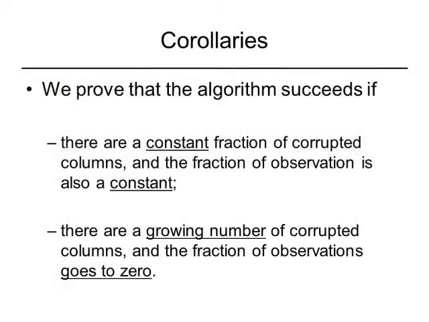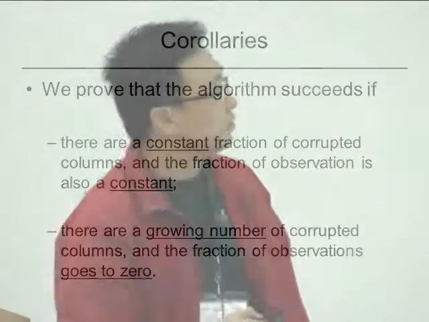So to put it in words, if I observe a constant fraction, say 20% of the entries, then I can tolerate a constant fraction of malicious users, maybe 3%. If I observe maybe 40%, then I can tolerate a little bit more, maybe 5% of malicious users.